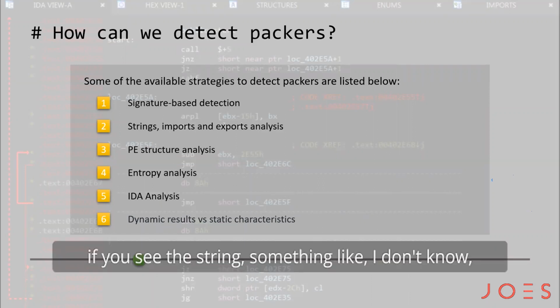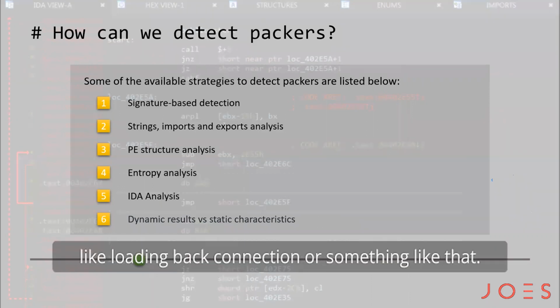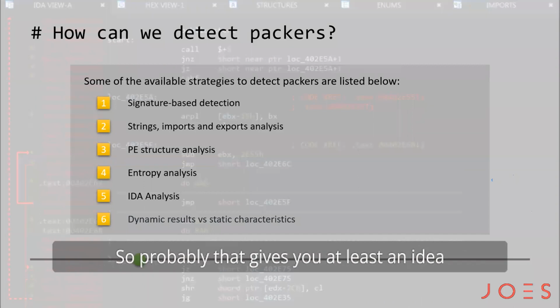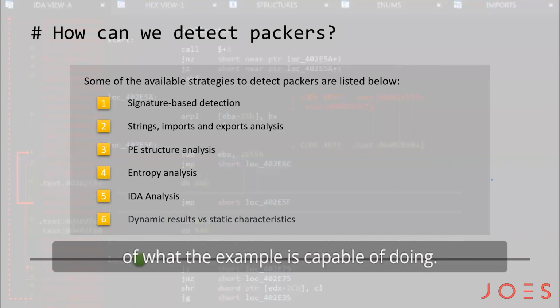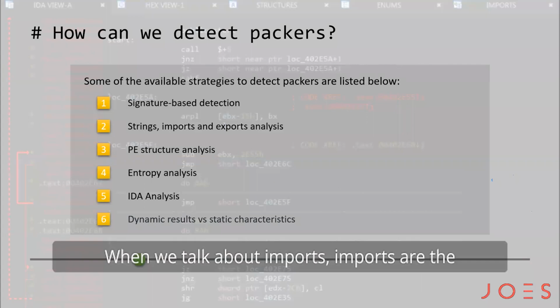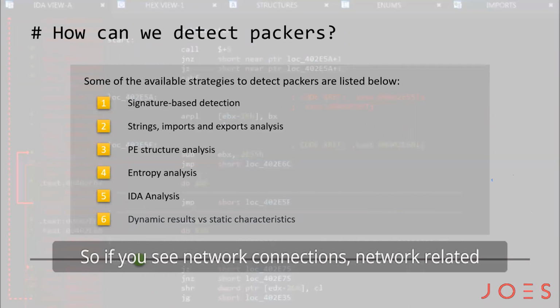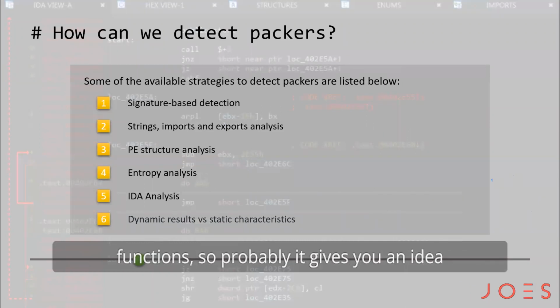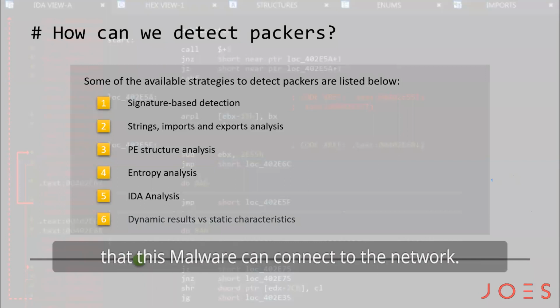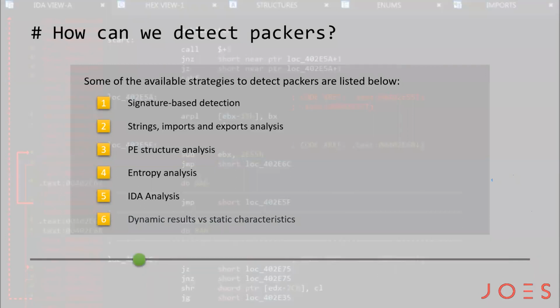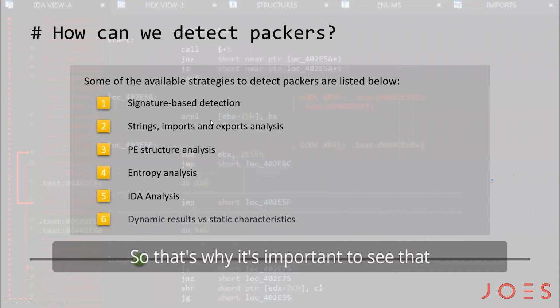If you see in the strings something like "loading back connection" or something like that, that gives you at least an idea of what the sample is capable of doing. Imports are the functions that are used by the malware. So if you see network related functions, it gives you an idea that this malware can connect to the network. That's why it's important to see that.